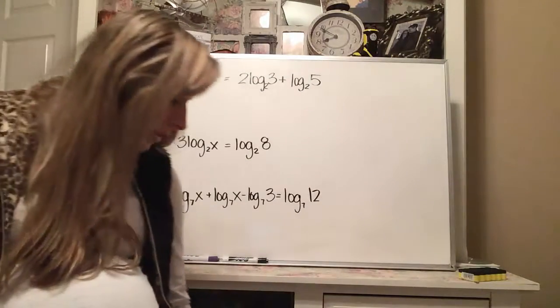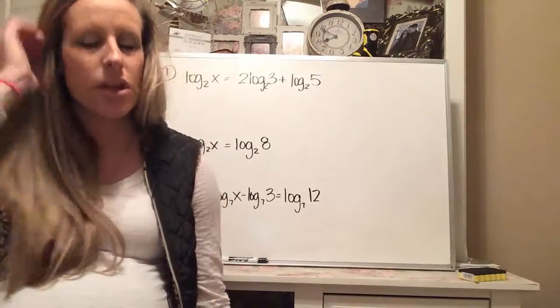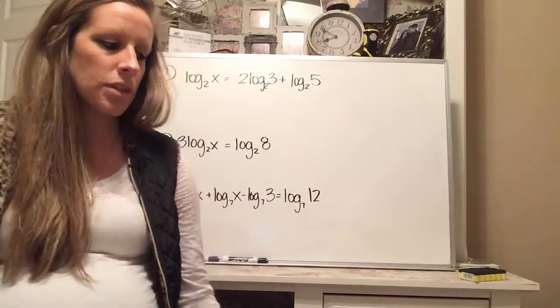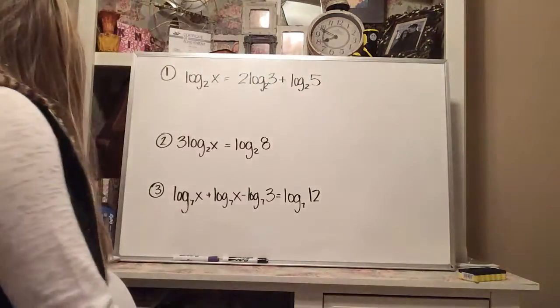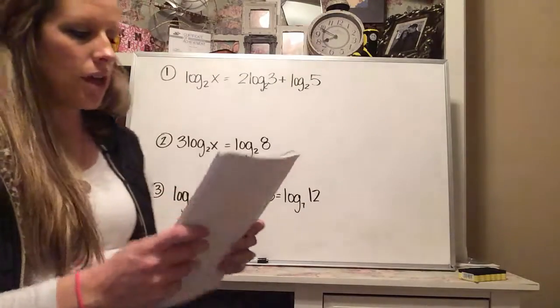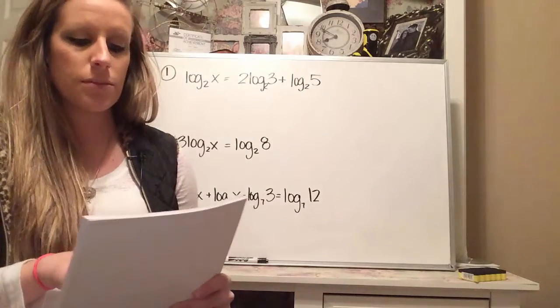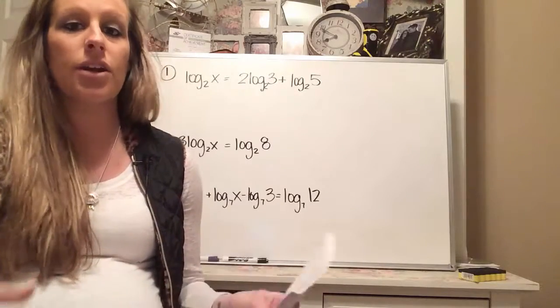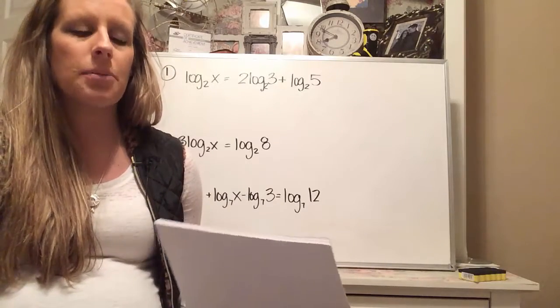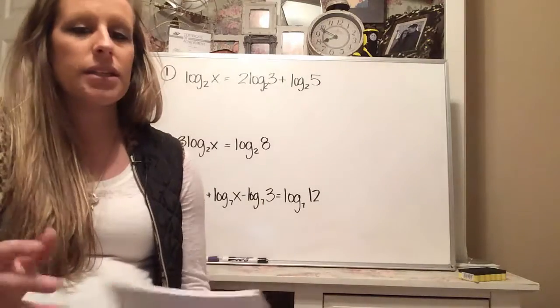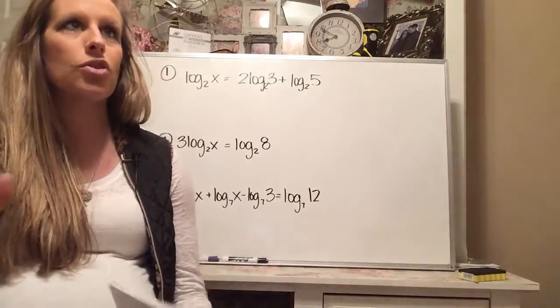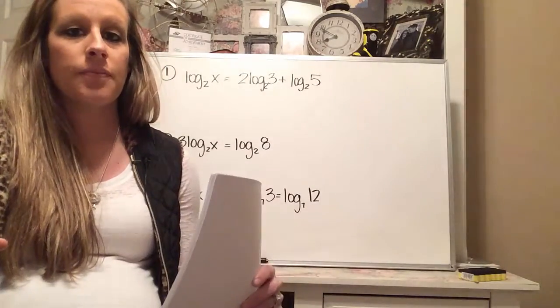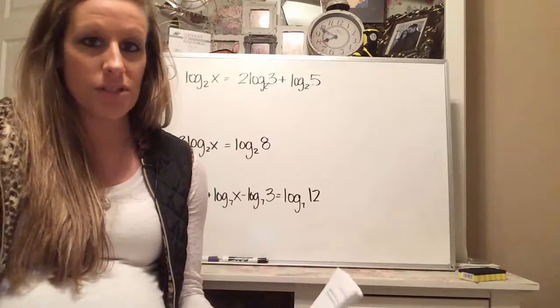Look at number 1. And at the top of these notes it says, a thing to know is if log base b of m equals log base b of n, then m and n are equal, which is kind of common sense. But basically that's saying you want to get the same logs on both sides.